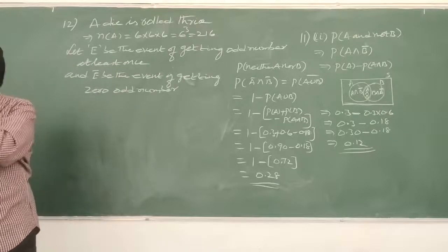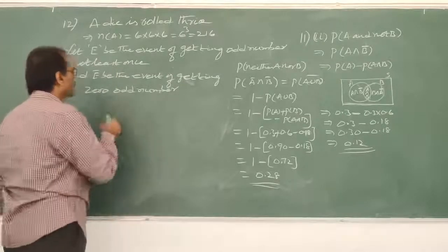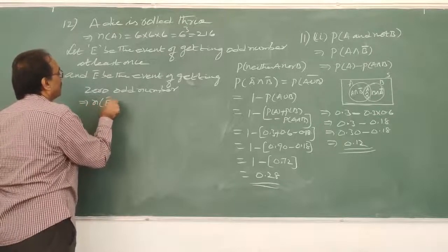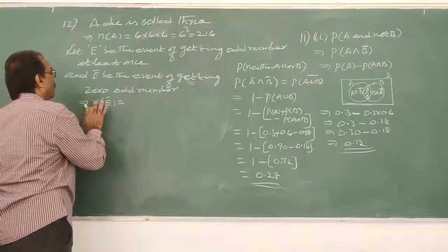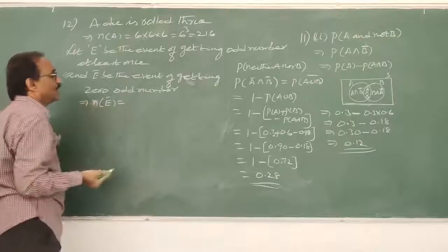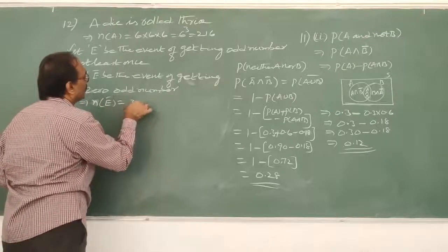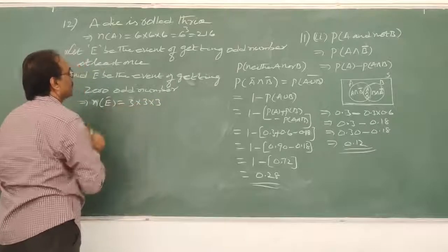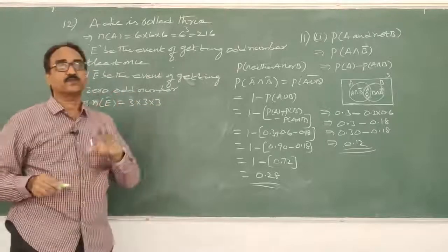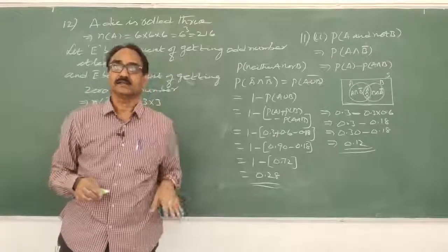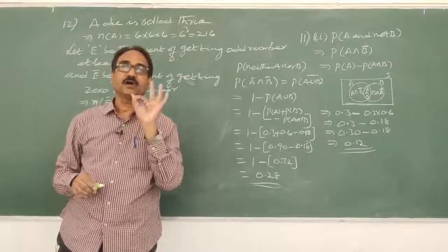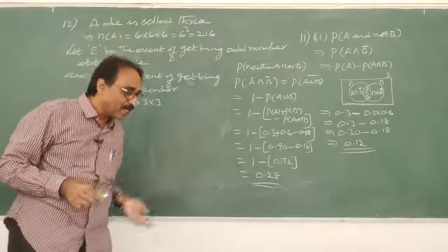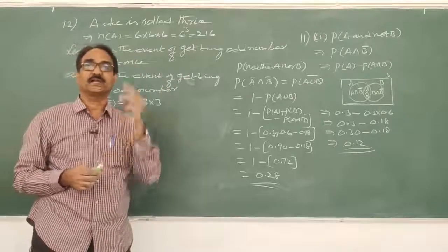So how many will be there? n of E bar, the complement, is equal to 3 into 3 into 3. My dear students, 0 odd numbers means all are even. When a die is rolled, how many even numbers are there? 3.